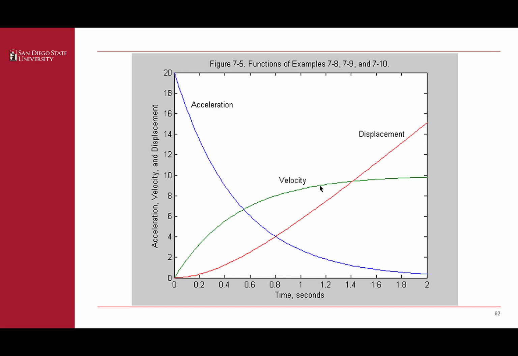The velocity is increasing, but the rate of increase is decreasing because the acceleration is decreasing. But anyway, displacement is increasing quite fast because we have a good amount of velocity.